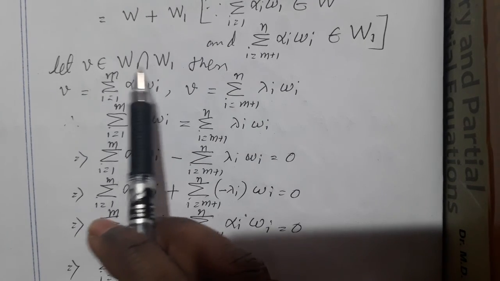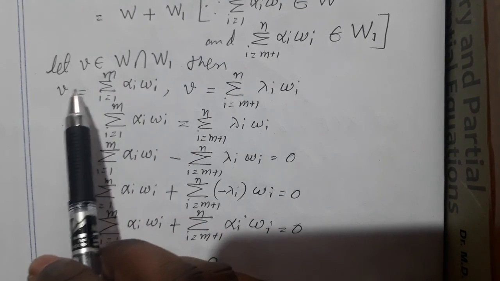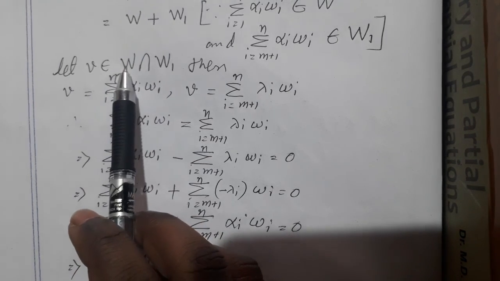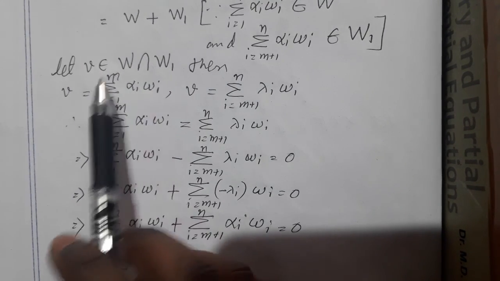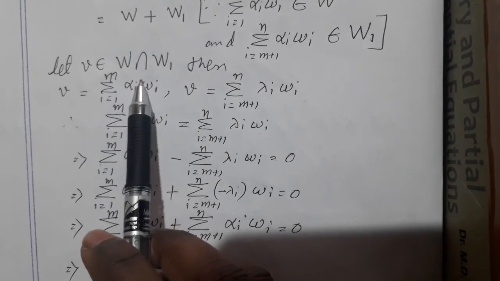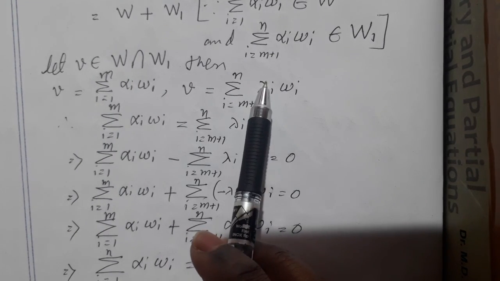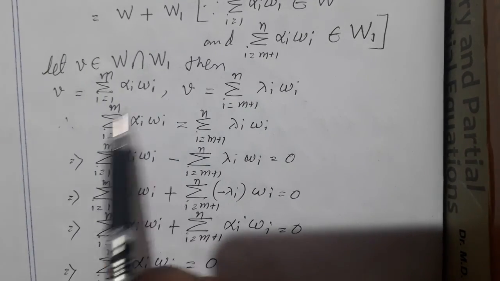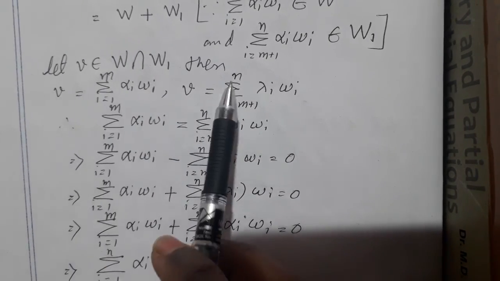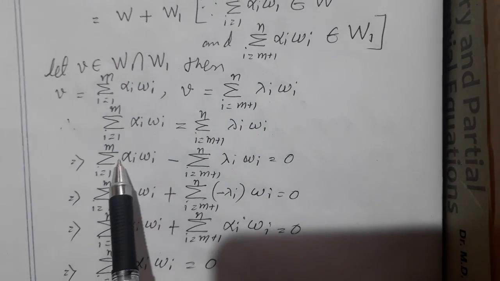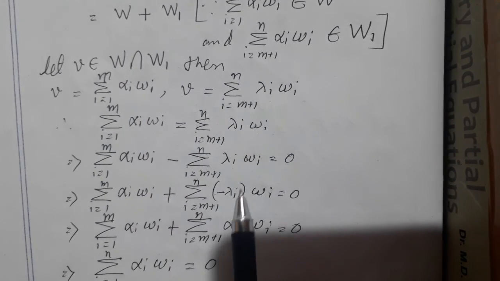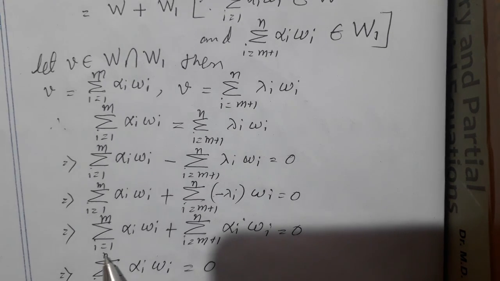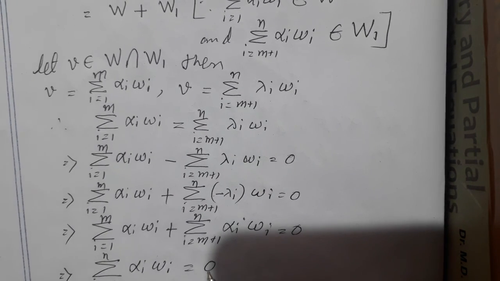I have to just show now that the intersection of these two subspaces is 0. So I took one element that belongs to both. Since it belongs to both, it can be written as a linear combination of this as well as a linear combination of this. Both are v, so this should be equal. So bring this one to this side, we get minus lambda i. This lambda i I take as alpha i. So this becomes summation i equal to 1 to n alpha i wi equal to 0.